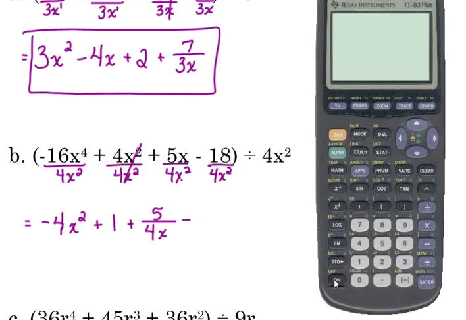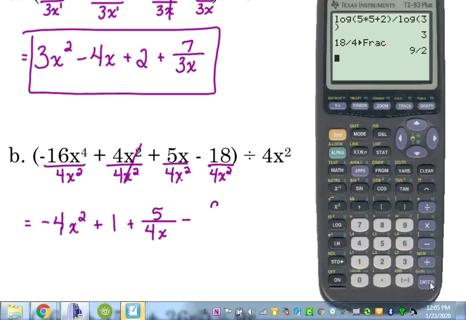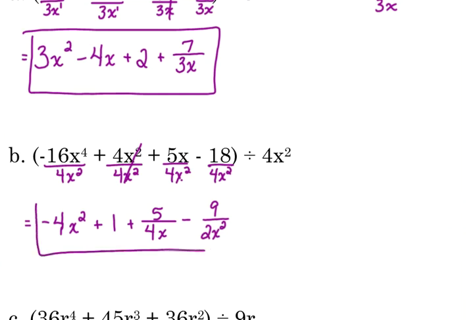They're both divisible by 2, so if you can do that in your head, do it. If not, in your calculator, put 18 over 4, math, enter, and it will reduce that fraction for you. 9 over 2. We didn't have any other variables, so the x squared stays where it's at. There's the final answer there.